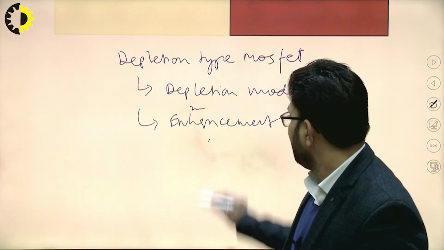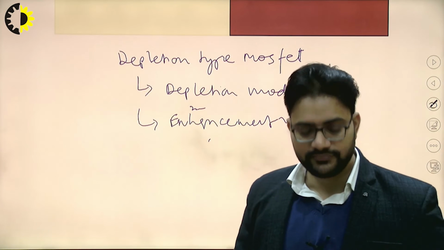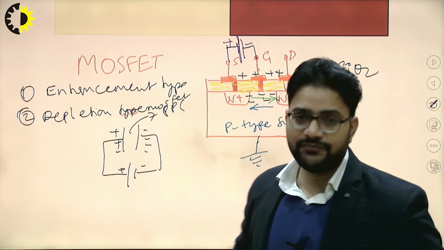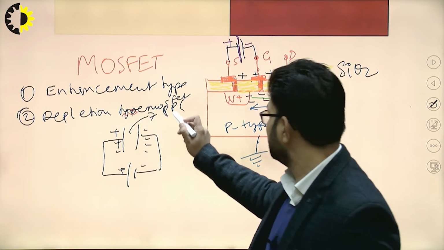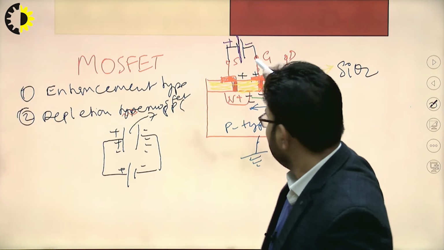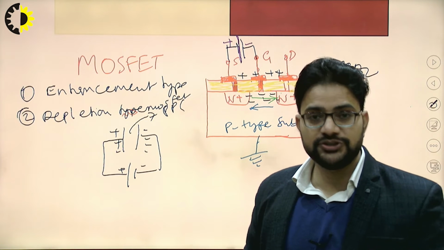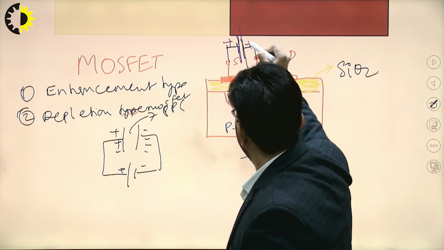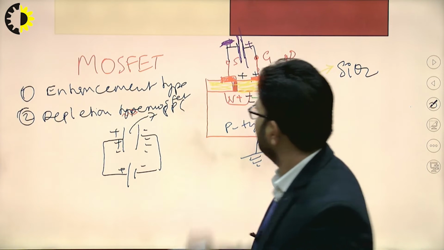Next is enhancement mode. In this depletion type MOSFET, in enhancement mode, the gate terminal is connected to the positive terminal of the battery, like this. So it will be positive and it will be negative this time, right?